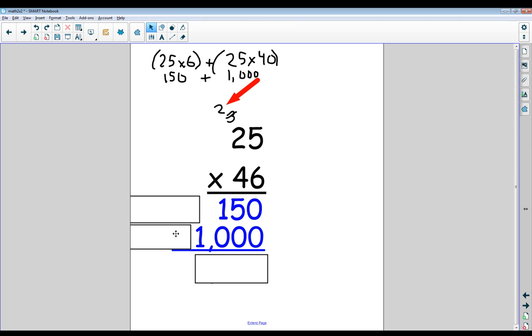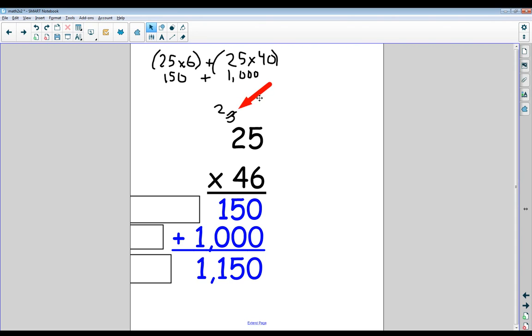So here, we're going to add up our two partial products, and we're going to come out with 1,150.